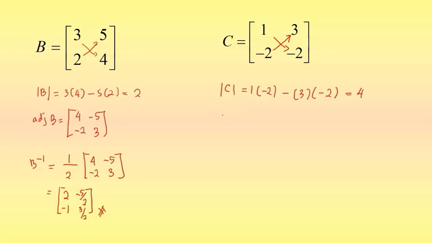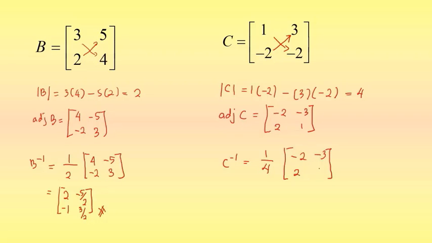Next, proceed with the adjoint matrix of C, by changing the places of 1 and negative 2, and by changing the sign of these two numbers, negative 3 and 2. So our inverse matrix is 1 over the determinant times this adjoint matrix: negative 2, negative 3, 2, and 1.